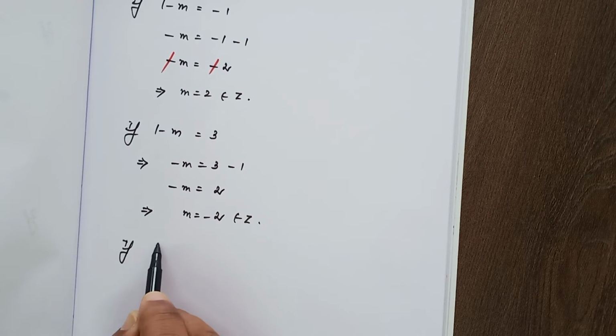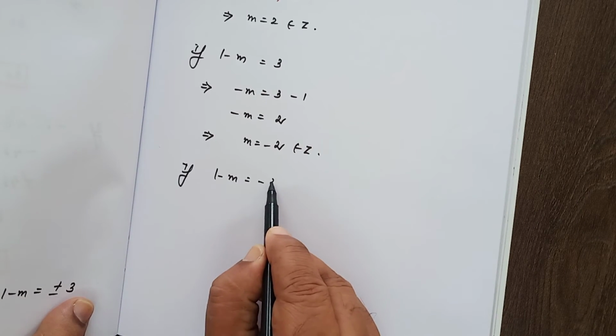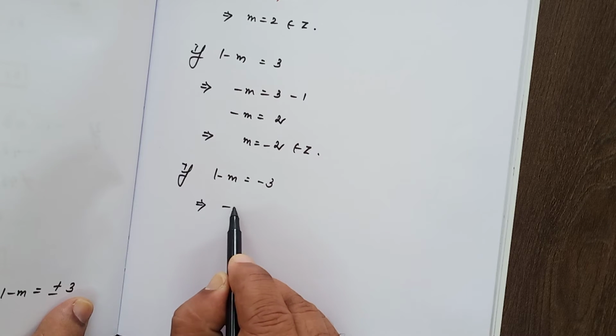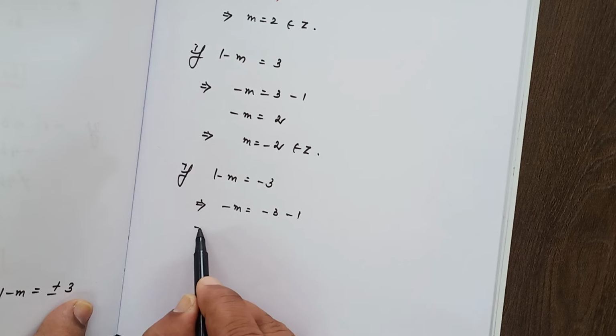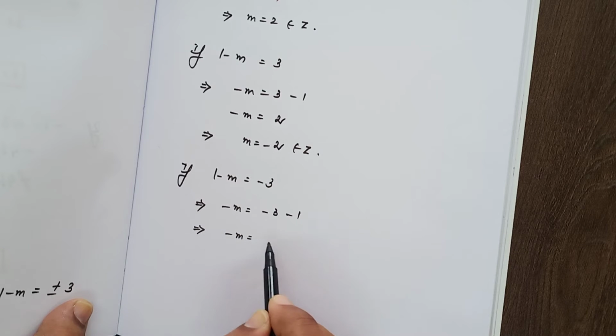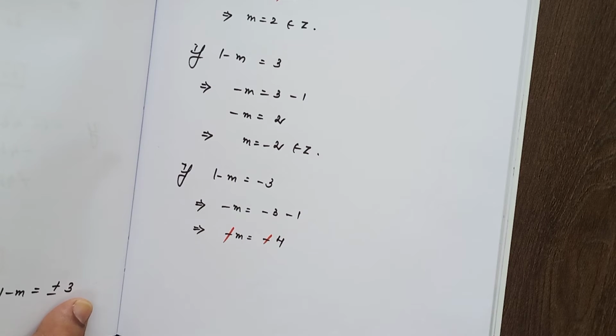Now finally, if 1 - m = -3, then -m = -3 - 1, so -m = -4. Both minus signs get cancelled, m = 4. It belongs to an integer.